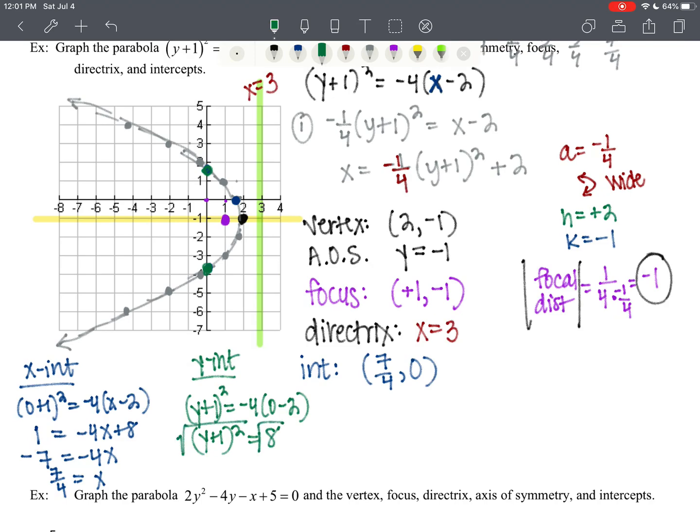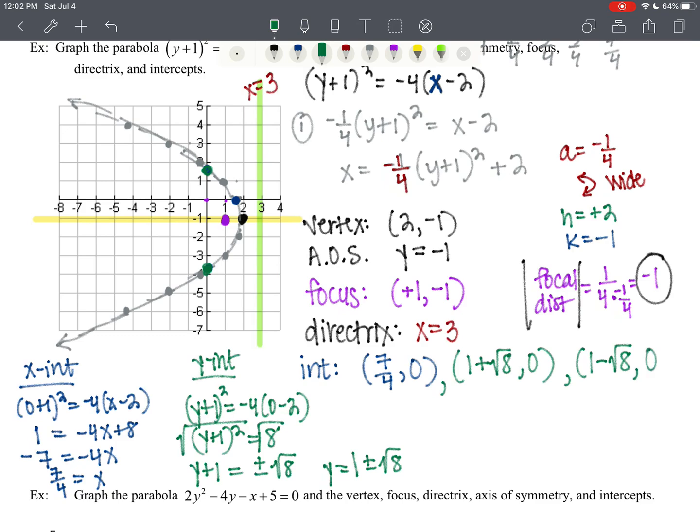We're going to square root both sides and we're going to get a plus or minus. Y plus 1 equals plus or minus the square root of 8. So our y-intercepts are going to be 1 plus or minus the square root of 8. So we'll have 1 plus the square root of 8, 0. And we will have 1 minus the square root of 8, 0.